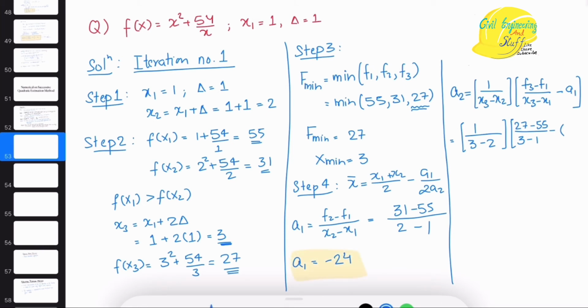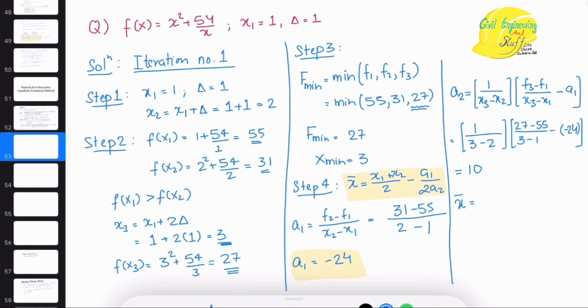So let's put minus of 24. Solving it, the value of a2 will come out to be 10. So we have found the values of a1 and a2. Now let's find the value of x bar, this was our aim.